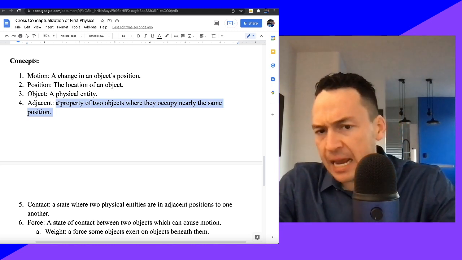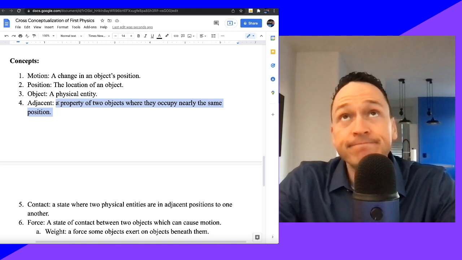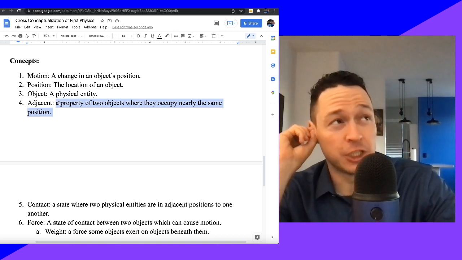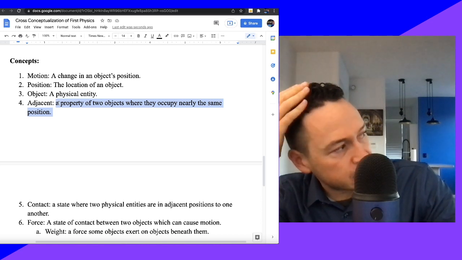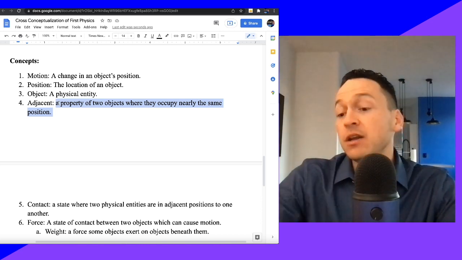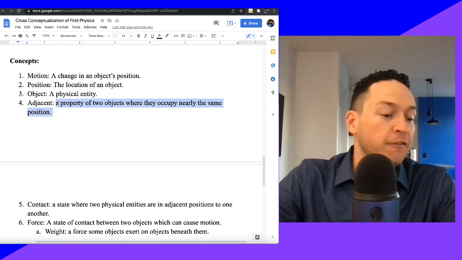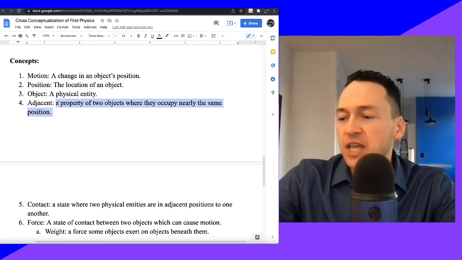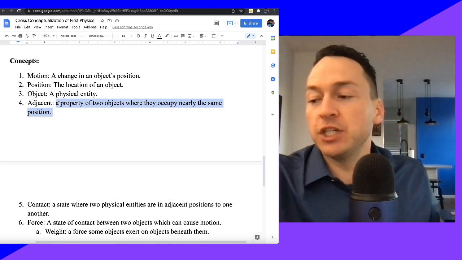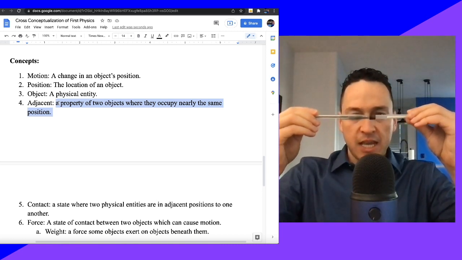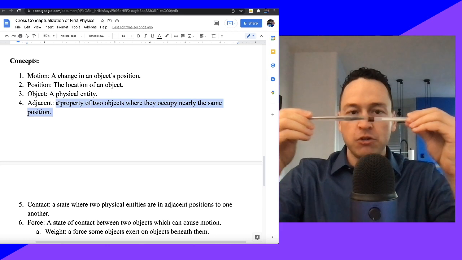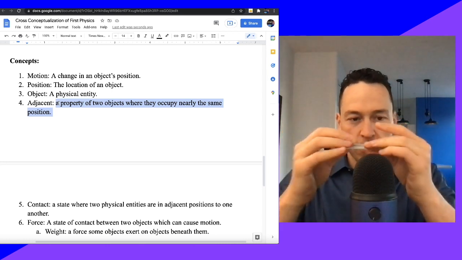Nearly the same position. You're referring to a particular characteristic, position, which is perceptually available, and you're just saying, hey, the positions of the two objects are almost the same.